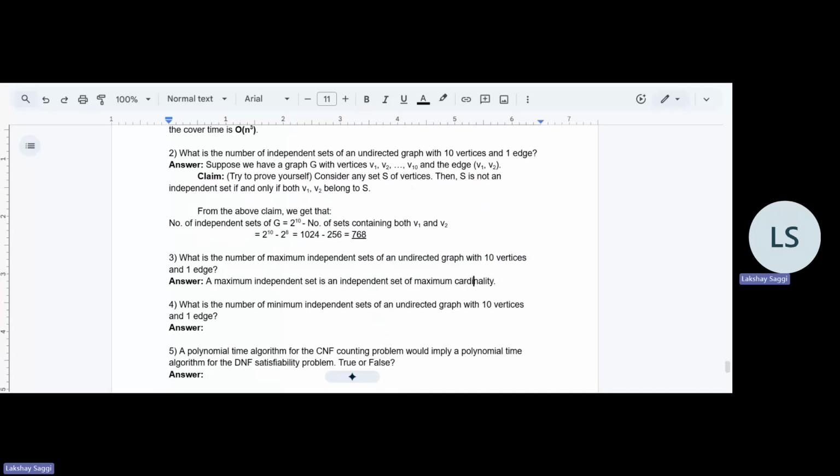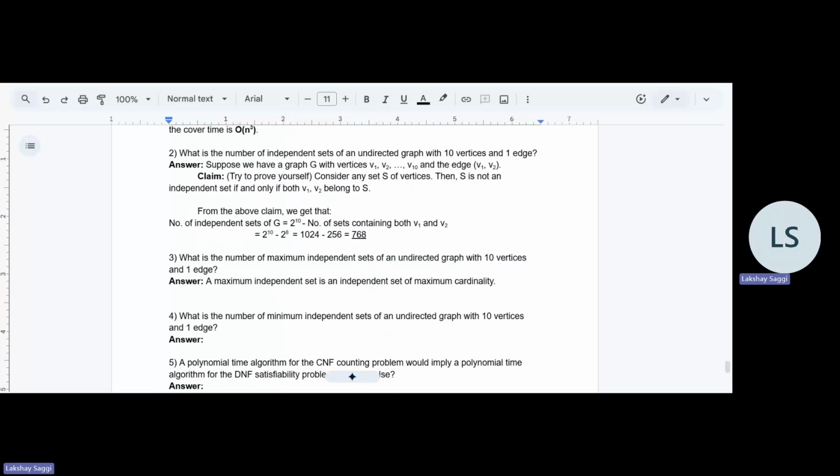So out of all the independent sets, you consider those sets which have maximum cardinality, and the question is how many maximum cardinality independent sets there are. Again, we have a graph with 10 vertices and one edge. Without loss of generality, we can assume that the graph has vertices V1 till V10, and the edge is just V1 comma V2.